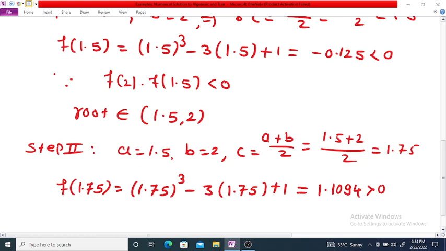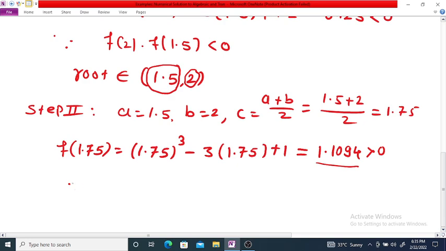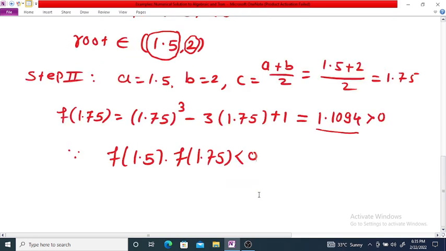From the previous step, in the last interval, f of 1.5 is less than 0 and f of 2 is positive. Now since f of 1.5 into f of 1.75 is less than 0, for the next iteration our root lies in the interval 1.5 and 1.75.